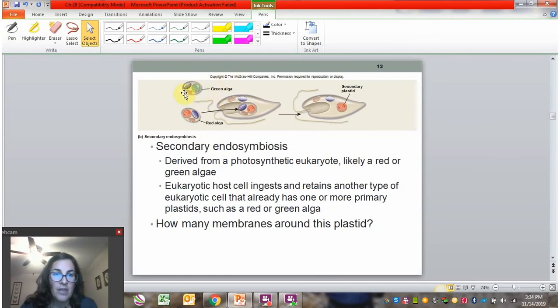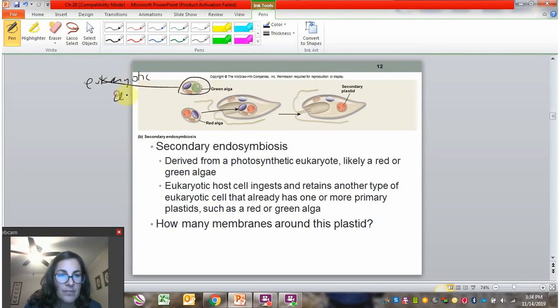So this is another cell that had engulfed a bacteria. This is now a eukaryotic cell, in this case a green algae, for example. It could also be a red algae, which we haven't talked about yet, so we'll just ignore that one for now.